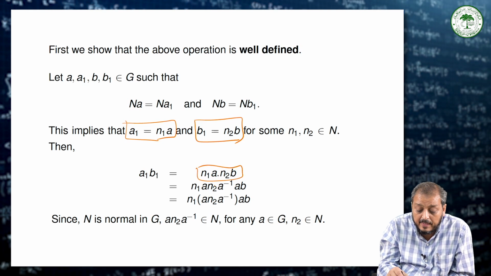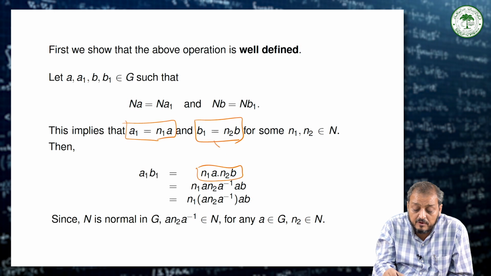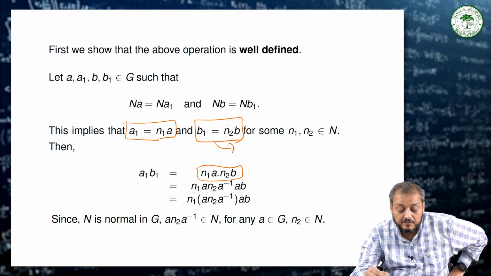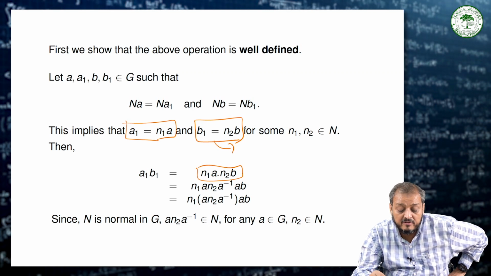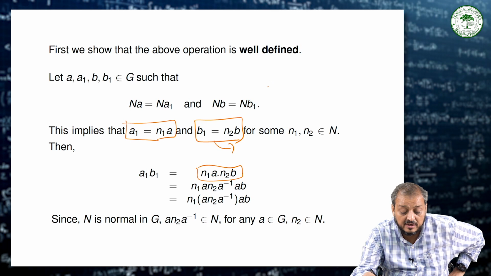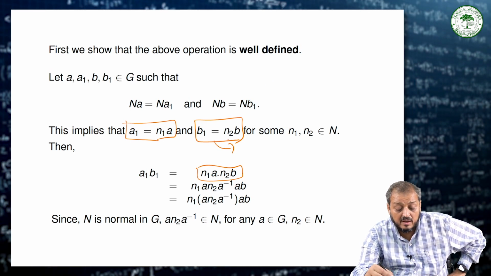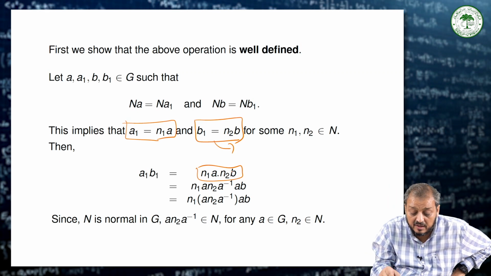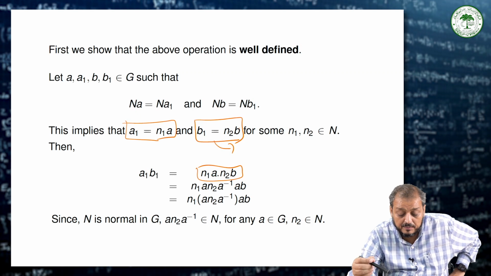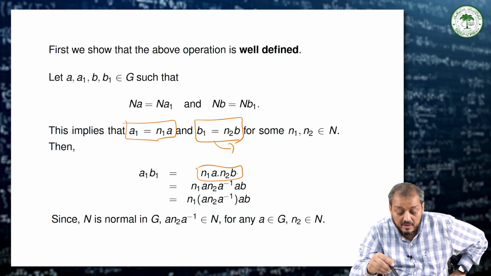Since b is an element of G, the inverse of a exists, so we can just write it in this form.